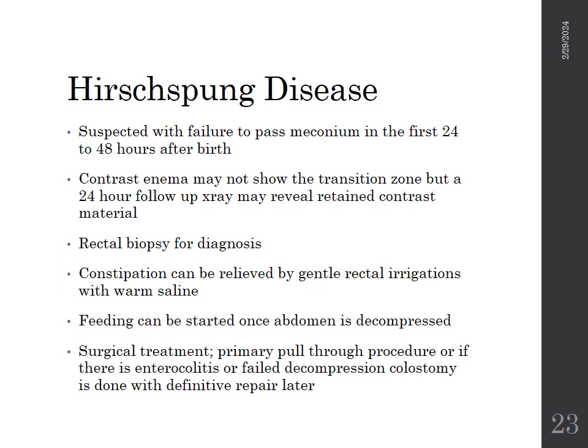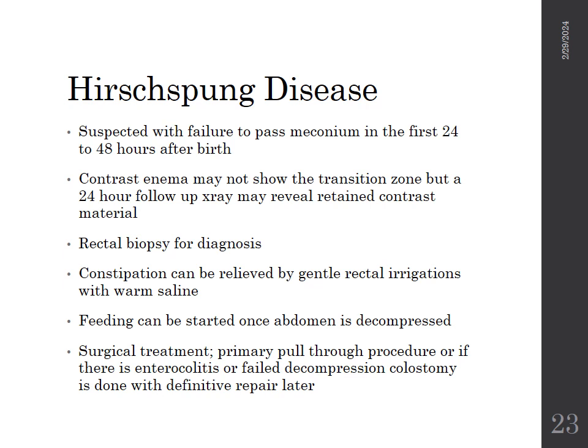So we find the parents coming on the third day of life and they tell us there are only small streaks of stool sometimes. When was the first time that he passed meconium? They don't know. Maybe this is because of the early discharge in many cases now, but we need to tell the parents, when we give the baby to the mother, if she's being discharged, let's say after a vaginal delivery after 12 hours, that she needs to see when is the passage of the first meconium.